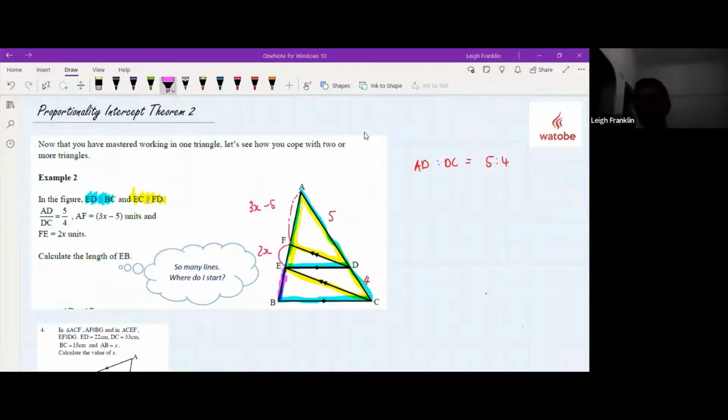Sure, we've got AD over DC, but on this side where we've got AE over EB, EB is our unknown that they're asking us to find, and AE is also unknown. So in other words, we now need to turn our attention to the yellow triangle to help us work out the length of AE. We need AE to get EB.